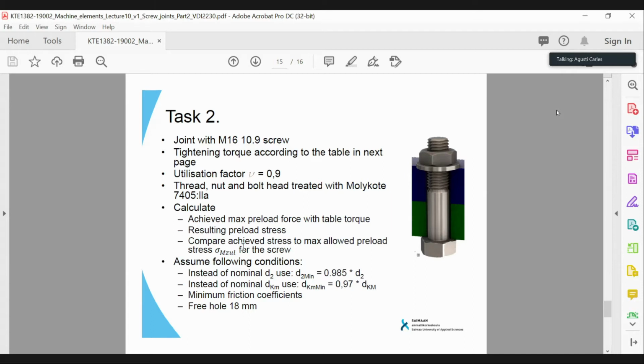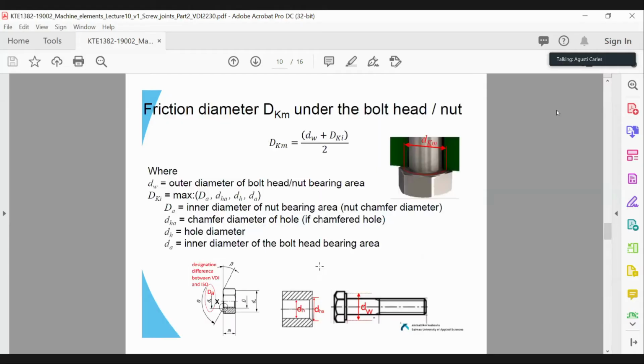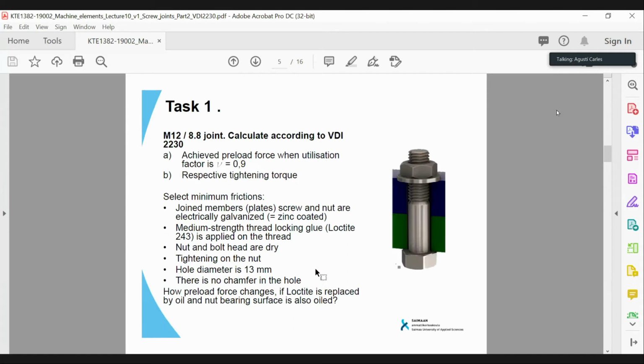Excuse me, I have a question, but about the task number 1. Okay, go ahead. Yes, first of all, I want to know the values of the heads, when the heads and the bolts and nut are dry, not oiled, where you can find these values?